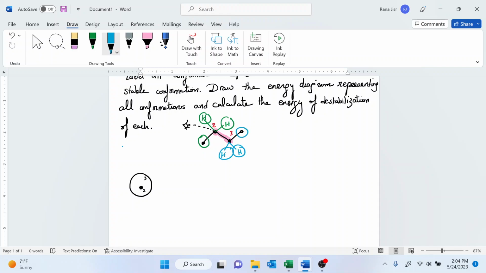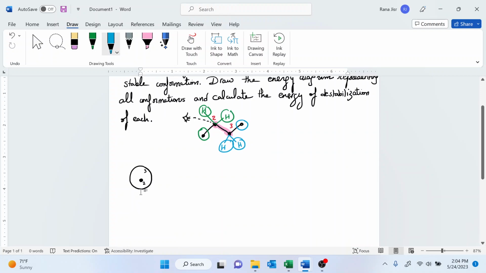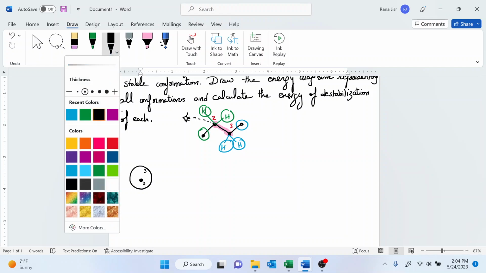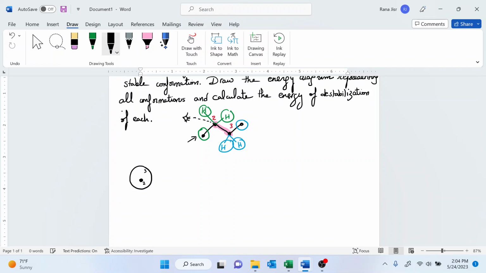It is always better, if you have a carbon chain, to keep your carbon chain on the vertical line of the Newman projection. Starting with carbon number 2, I have my CH3 pointing down like that.